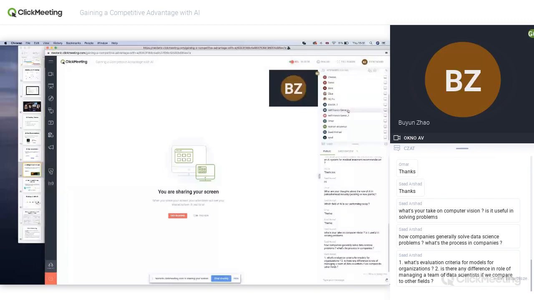And what about the evaluation criteria for models for organizations? I'm not really quite sure what that actually means. Are you talking about, if I'm an investor, what metrics do I evaluate an organization on?